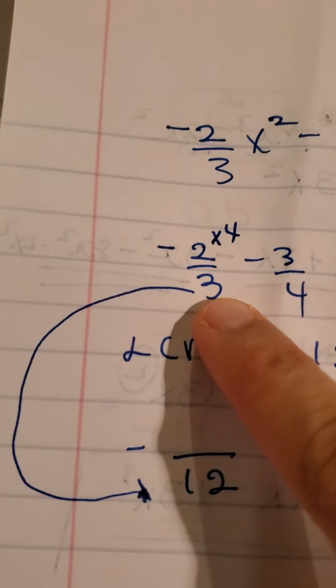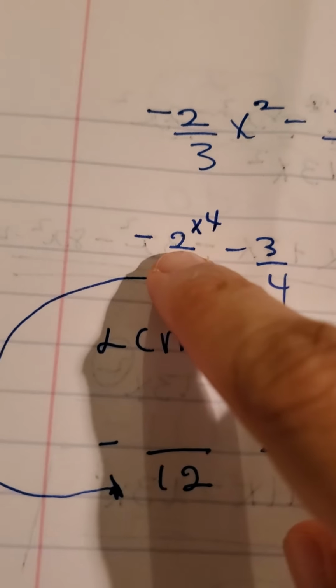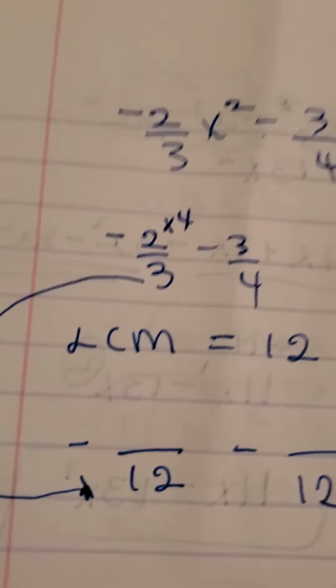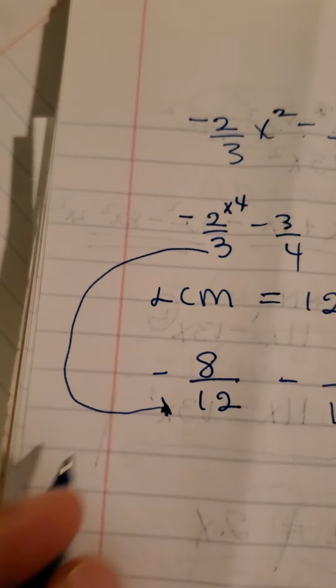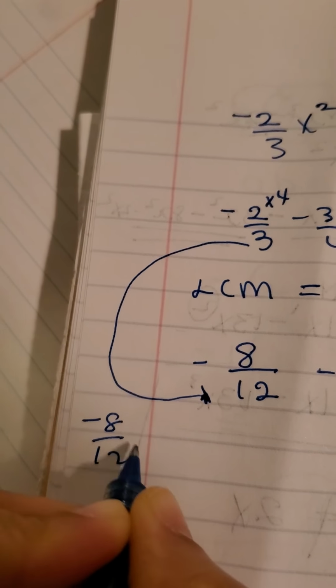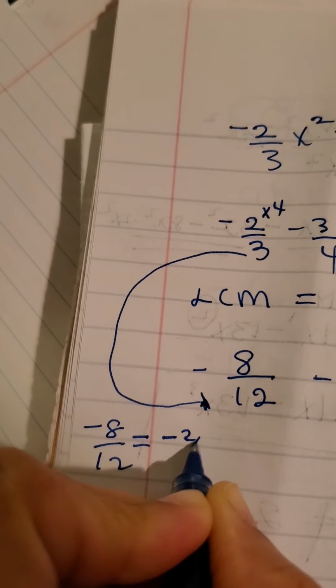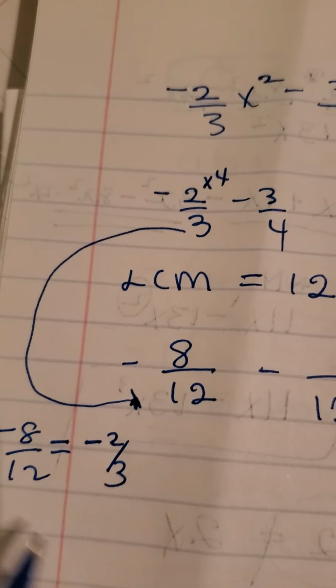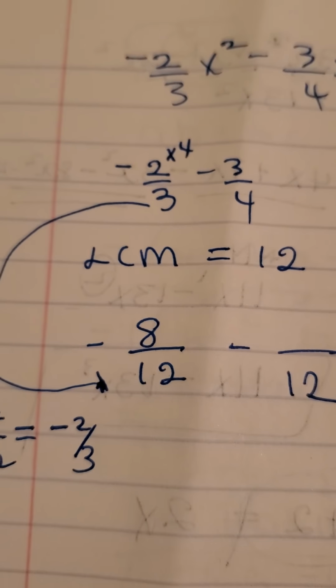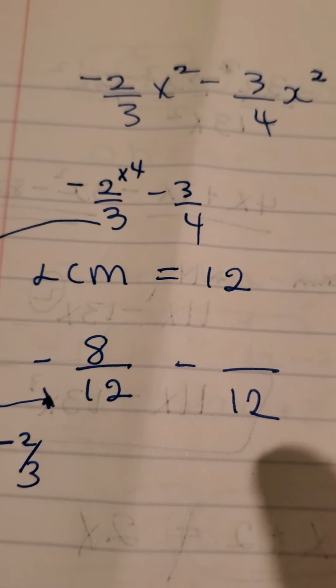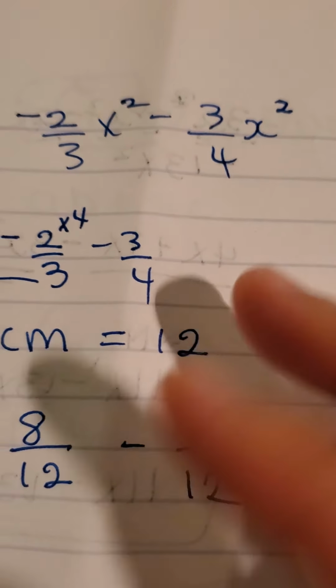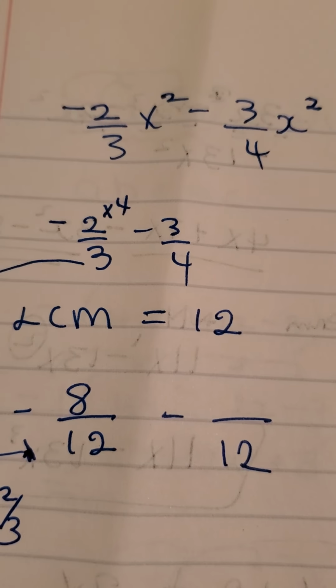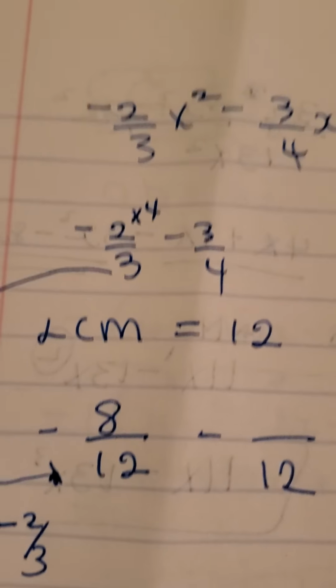So I needed a factor of 4 to get 12, so I'm going to need a factor of 4 to change my numerator. I promise you that -8/12, if I reduce it, is the same as -2/3. So the fractions are still the same. The goal of the LCM is to make them the same quantity in order to add, because adding and subtracting different quantities is like taking apples from oranges, right? That's the whole goal of an LCM.